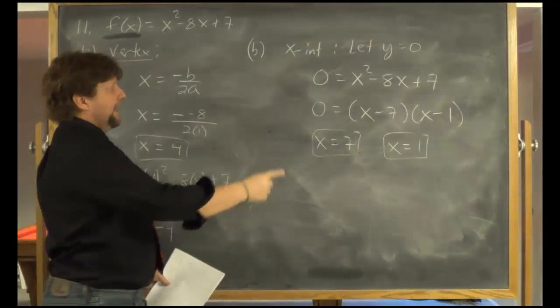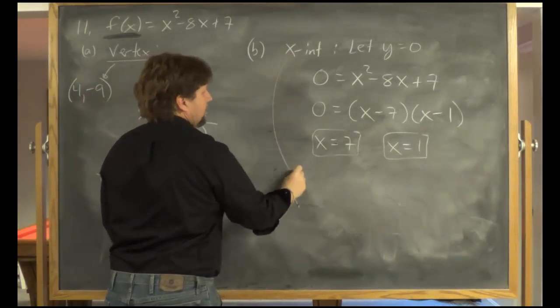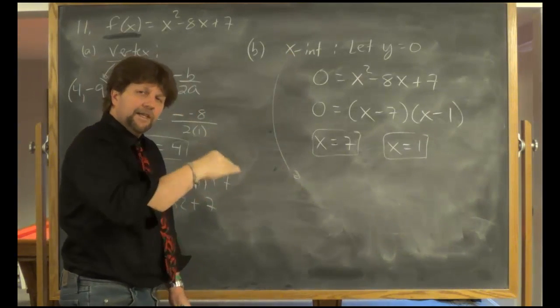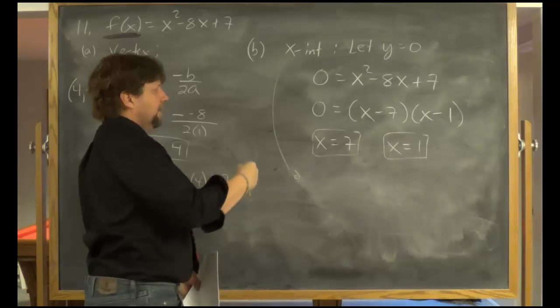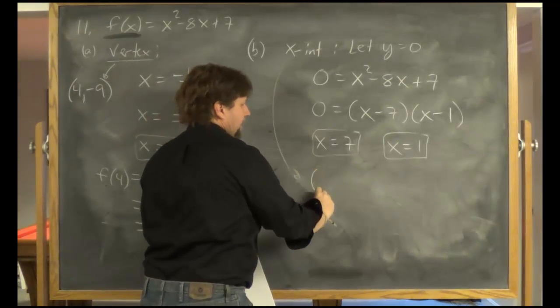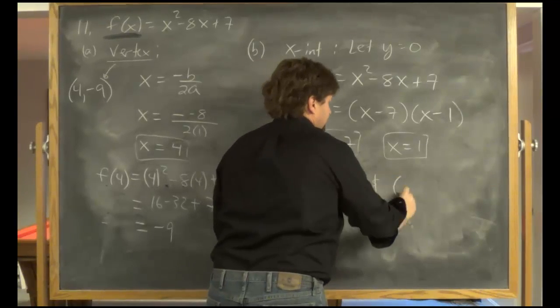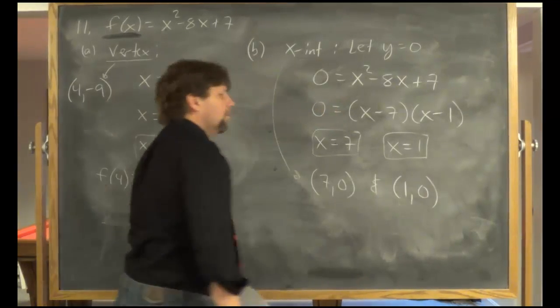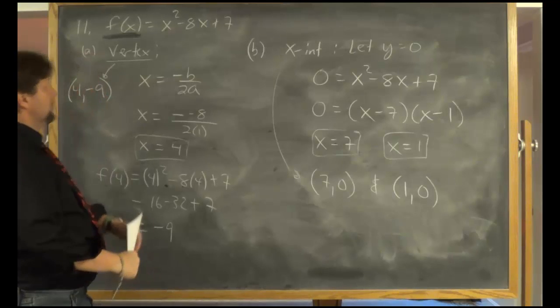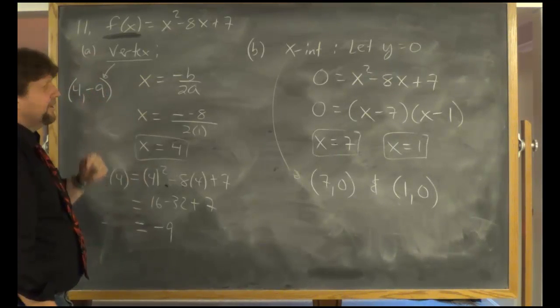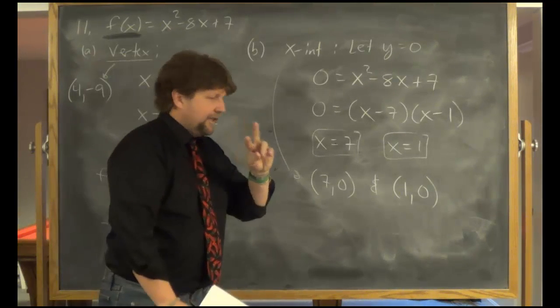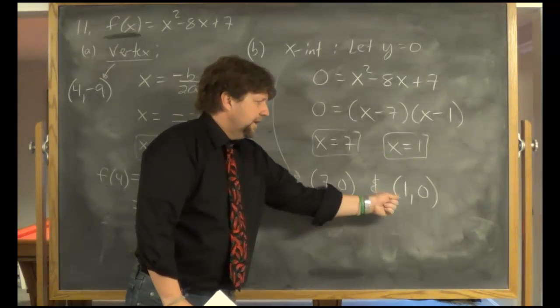That tells us the x-intercepts. Remember, they're points. Points have an x-coordinate and a y-coordinate. So the x-intercepts occur at the points (7, 0) and (1, 0). So we have the vertex at (4, -9), and two x-intercepts, (7, 0) and (1, 0).